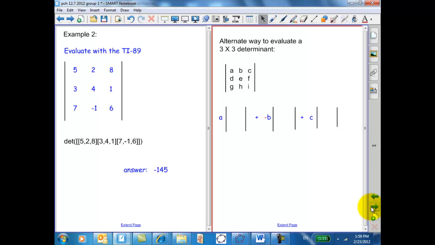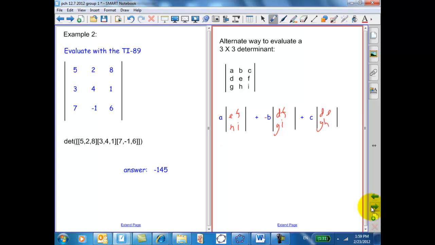Okay, here's the alternative way to do 3 by 3. What are the minors here? If I expand by minors at the top row, and notice I already put the negative there with the b. This is if you'd like to memorize the formula for this. What's the minor of A? EI minus FH. The minor of B? DI minus FG. Right, minor of C? DH minus EG.